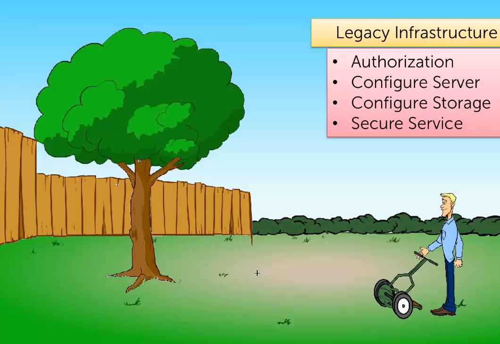But the bottom line is that in a lot of cases, running in a legacy IT infrastructure is very similar to a push mower. You have some of the automation in place, for example, around authorization and workflow and how you account for additional capacity. A lot of times we have to go out and acquire new compute resources like servers or storage or network ports, whereas with a dedicated cloud, we just purchase an amount that we divvy up for all of our virtual machines.